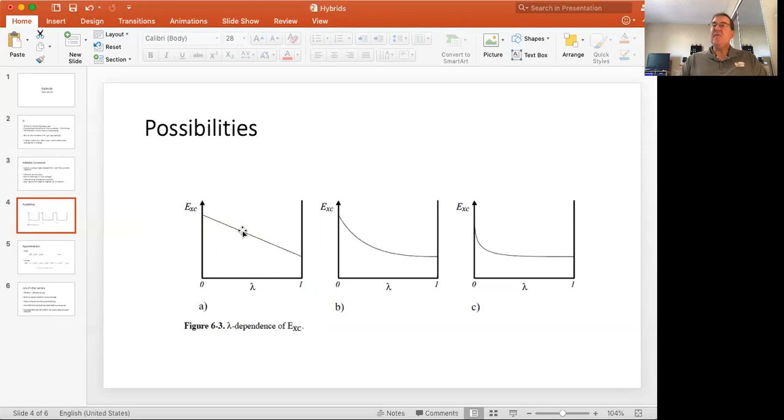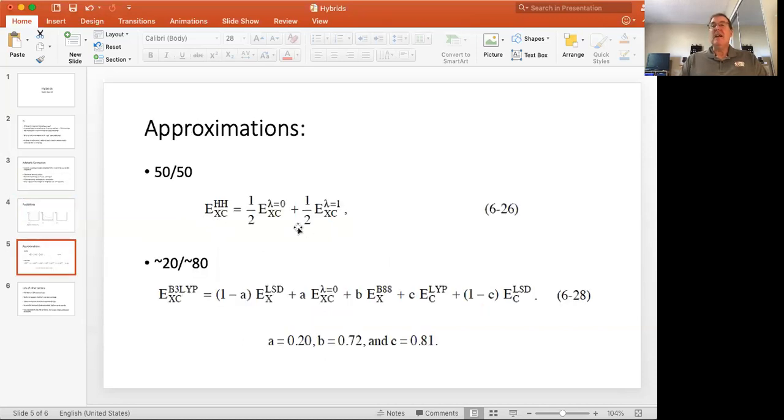So you might think this was 50-50, this was, I don't know, 30-70, this might be 20-80. And so how are you going to get this? Well, you might guess it, say it's a half exact exchange, non-interacting, and a half fully interacting. And people tried that, and it wasn't terribly accurate.